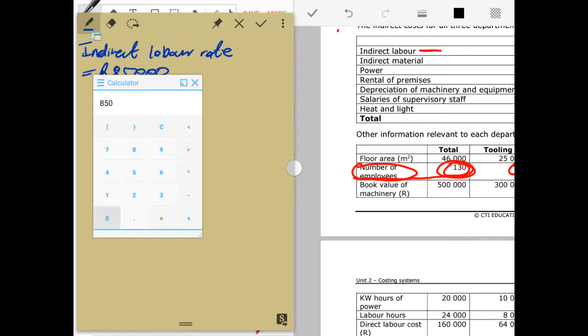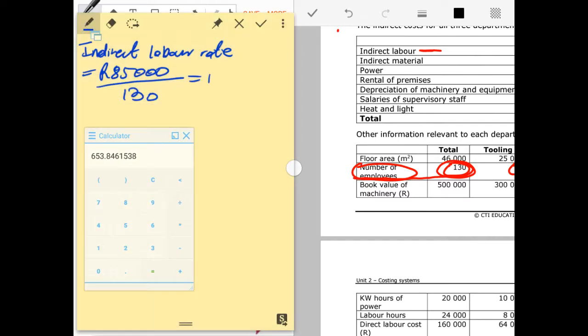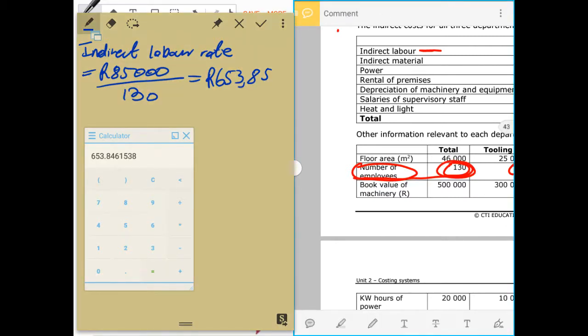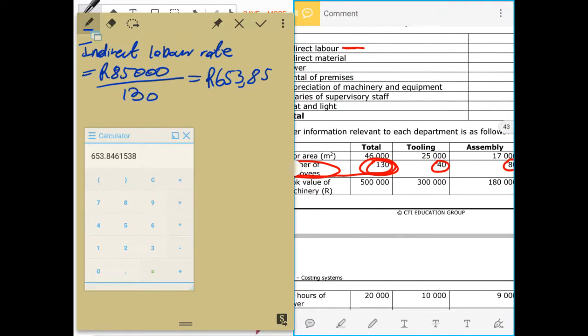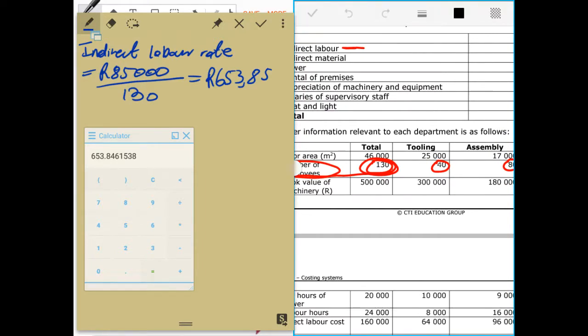Then 85,000 divided by 130 will give us 653 rand 85 cents.